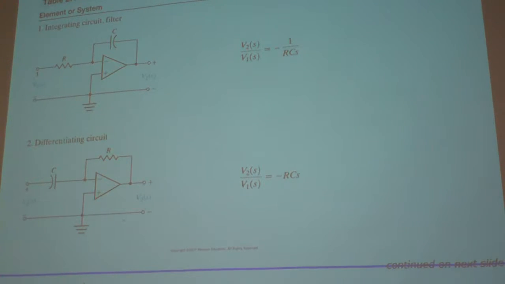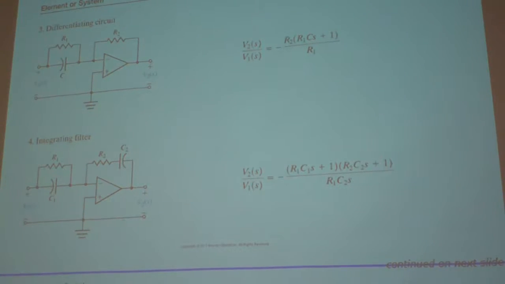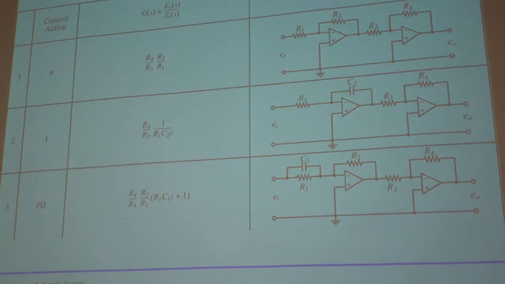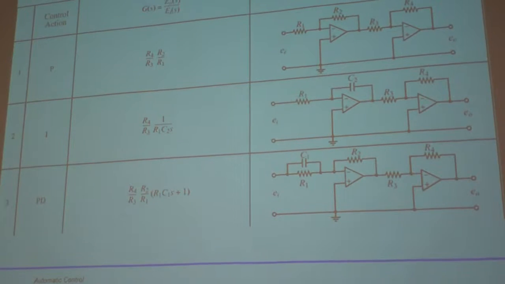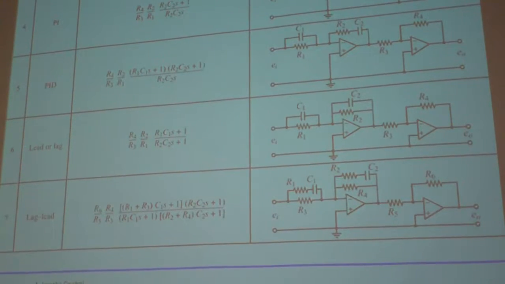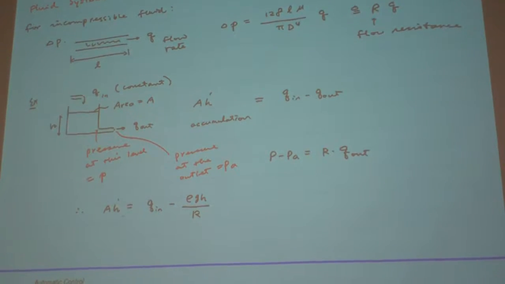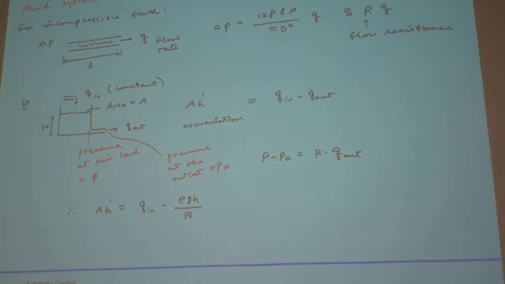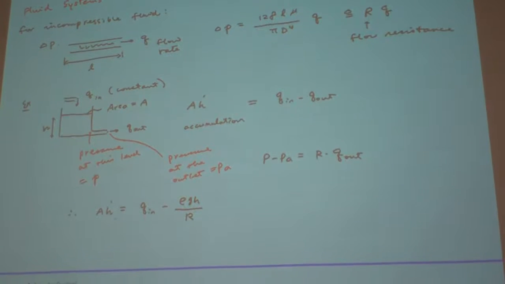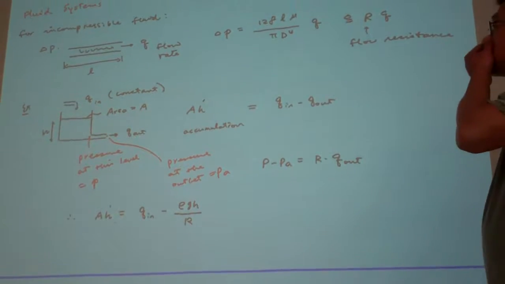And okay, a few slides here, let me quickly go over those things. And again, those are the very common practice, and you just pick one. So let me go over this one very quickly, and then go to another topic, go to fluid system.